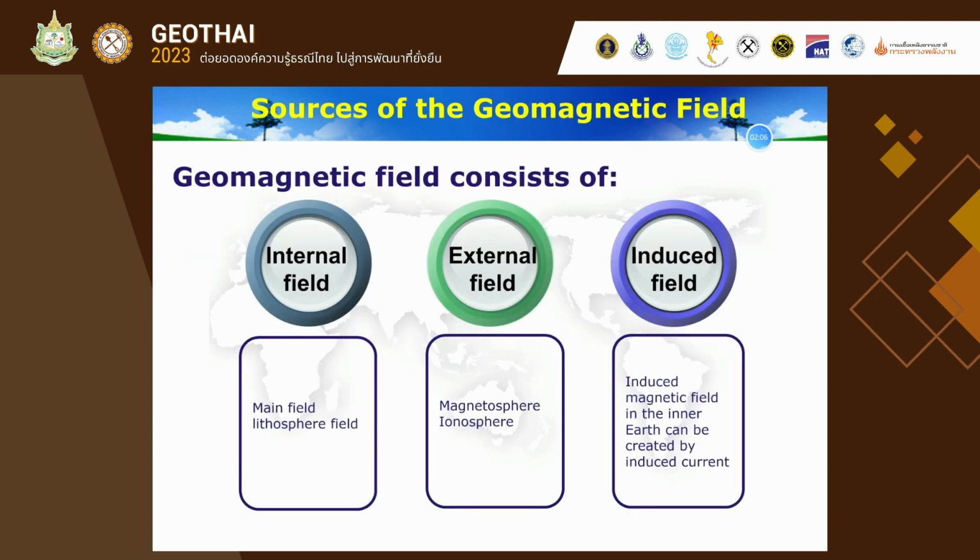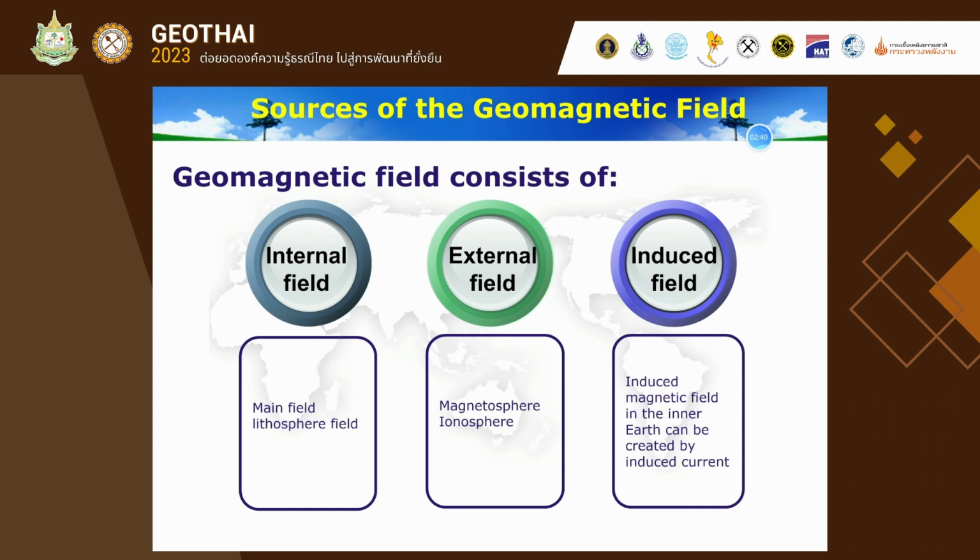Of course, the sources of the geomagnetic field are different. The field can be divided into three parts. The first part is the internal field. The internal field can also be divided into two parts. The first one is the main field, also called the core field. This is caused by the liquid at the core and mantle boundary.